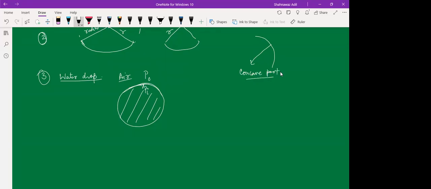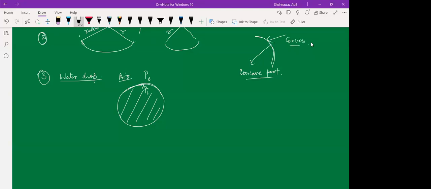I showed you an example: if you press your notebook from here, it will make this kind of shape. This shape is the concave one, and this one is the convex one.